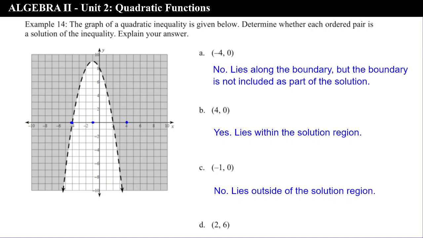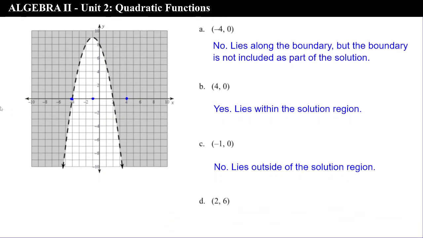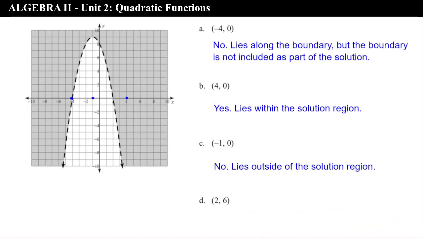And we've got one final ordered pair here to take a look at, and that is 2, 6. So we go over 2, up 6, and we are clearly in the shaded region. So we would write this. We would say, yes, it is a solution because it lies within the solution region.